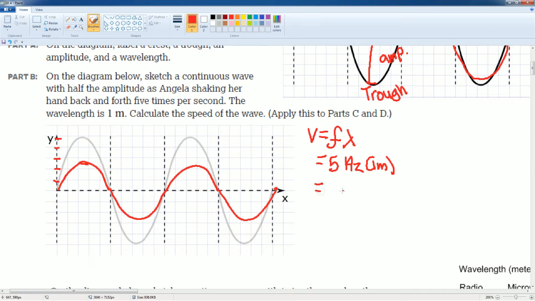Multiply 5 hertz by 1 meter, you get 5 meters per second. This is the velocity of that wave. If you're asking how I got that 5 hertz, it's because right here it says she shakes her hands 5 times per second. That right there is the frequency.